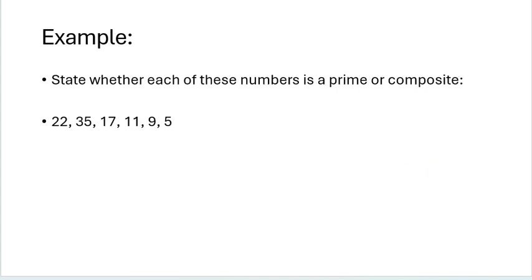State whether each of these numbers is prime or composite. So I'm just gonna write prime on one side and then composite on another. Now, because I have a lot of experience dealing with this, I can pretty much spot which one is prime and which one is composite. But for the majority of you, I would like you to write out the factors. For example, write out the factors of 5, 9, 11, 17, 22, and 35, okay?